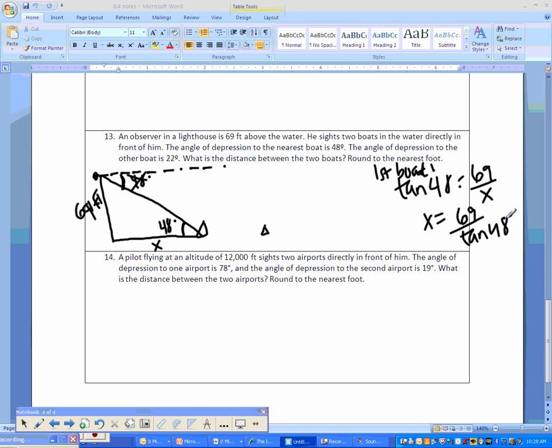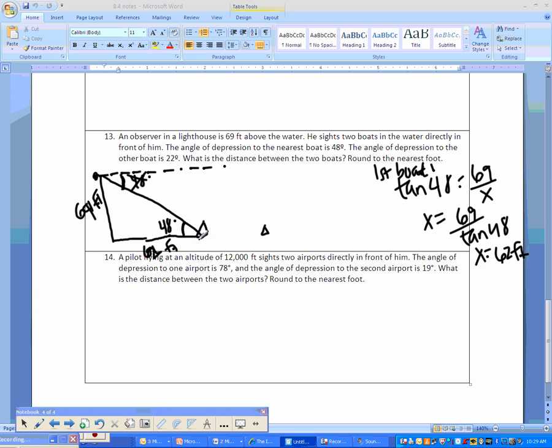And that gets us 62 feet. So I know right now that x equals 62 feet. So the first boat is 62 feet away.